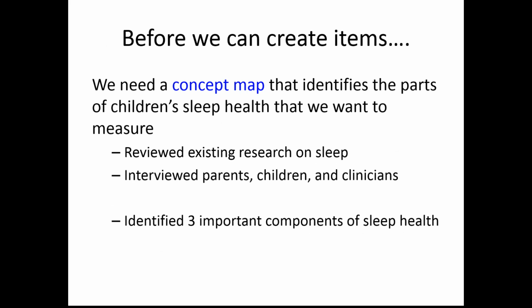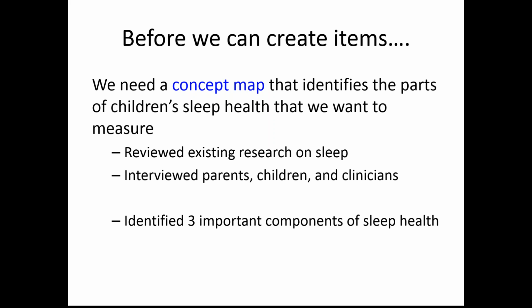So what do we mean by a concept map? This is an idea that our pediatric PROMIS group has developed, where we start with the overarching concept that we're interested in, and here it's sleep health.